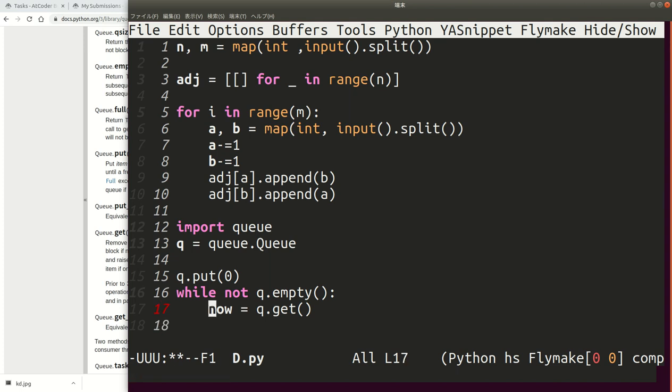Okay, so I'm at now, and let's look for the adjacent list now. If distance of 2 is already determined, just skip. This is not 0, no, minus 1. Continue.